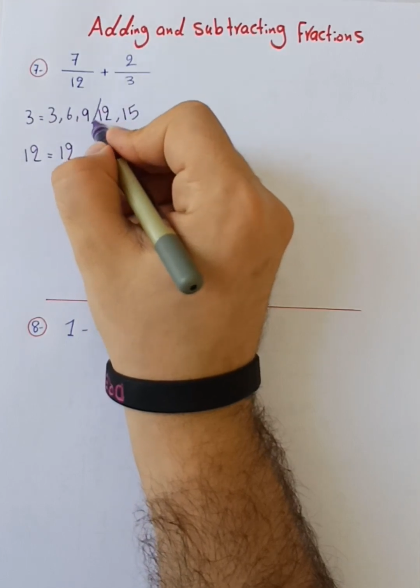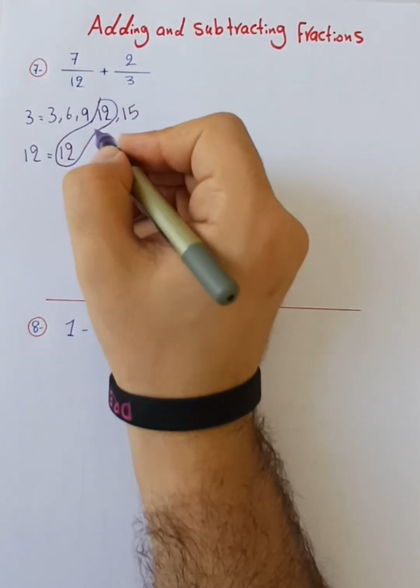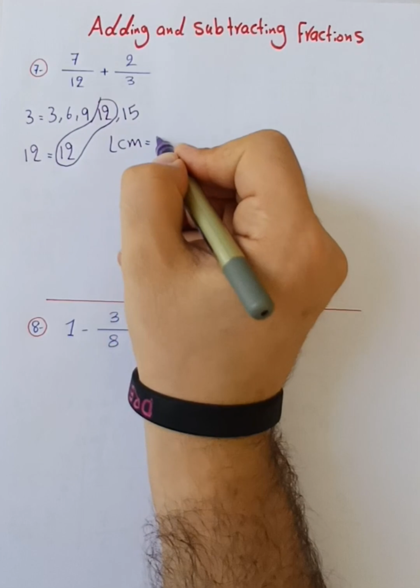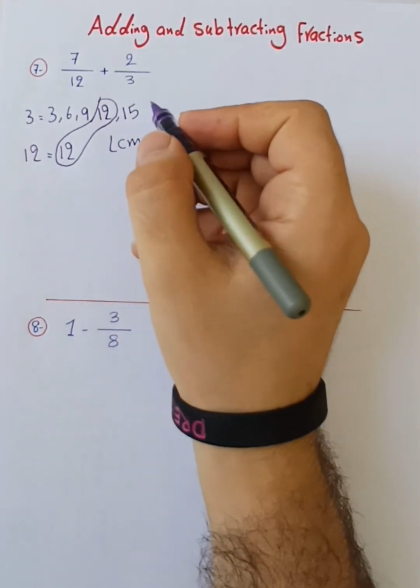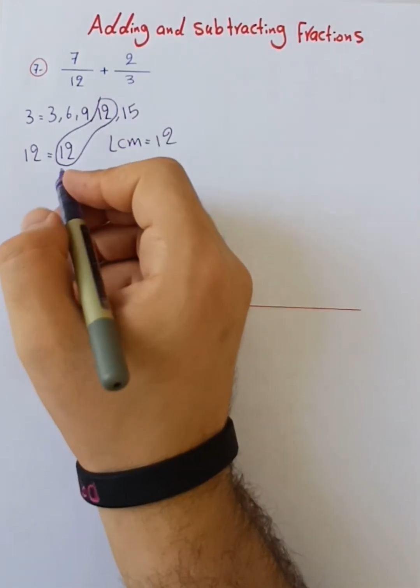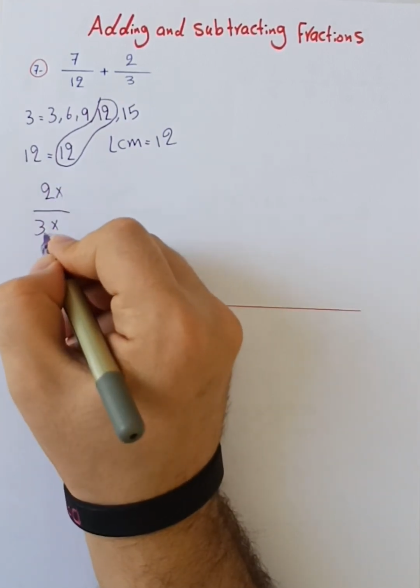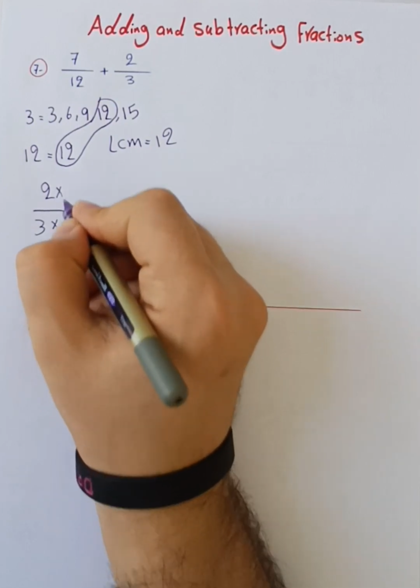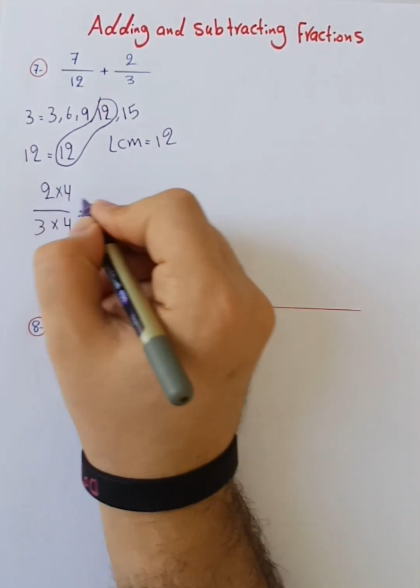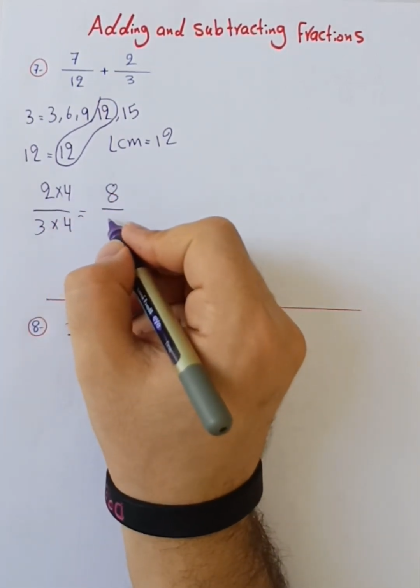So we have our repeating number, the least common multiple equals 12. After that, we have to change only the second fraction. 2 out of 3, you have to think, 3 multiplied by which number equals 12? By 4. 2 times 4 is 8, 3 times 4 is 12.